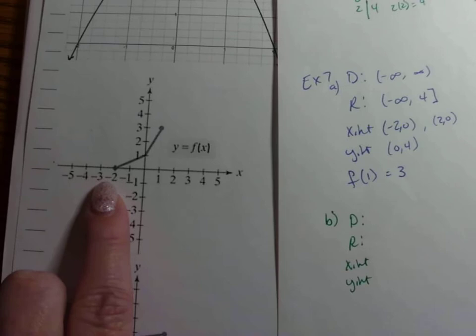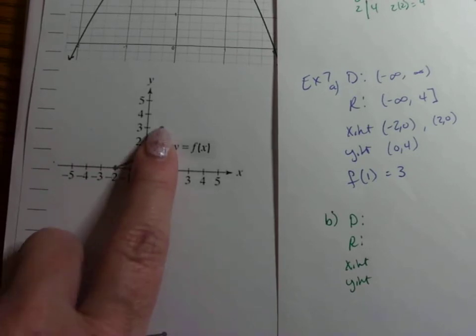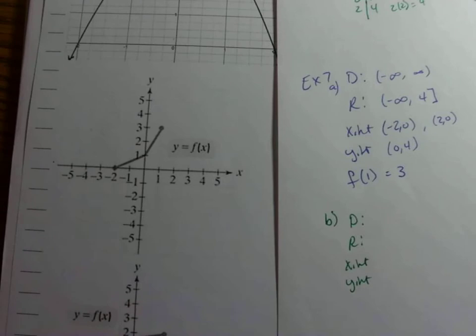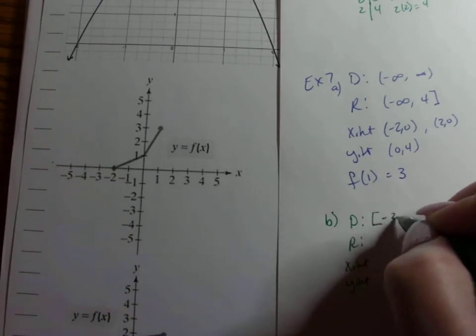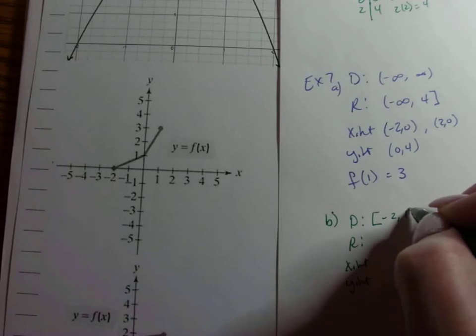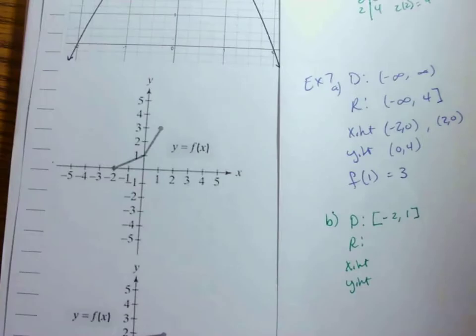We start at negative 2. It includes it, and it goes all the way to 1. It also includes it because it has closed circles. So it will be bracket, negative 2 to 1 bracket, because it includes both numbers.